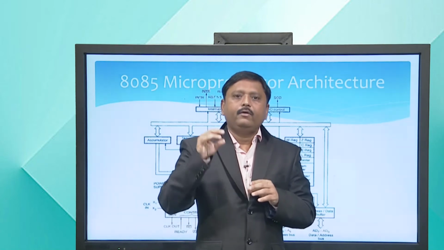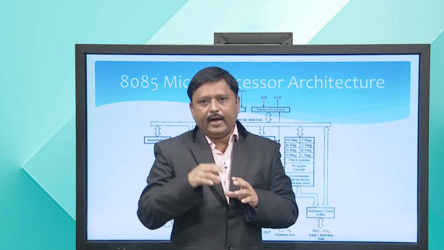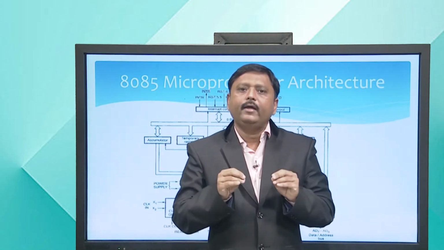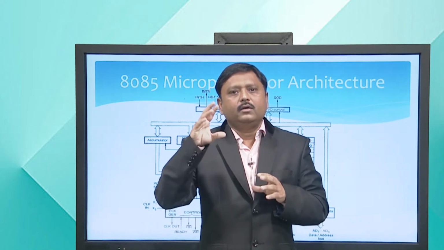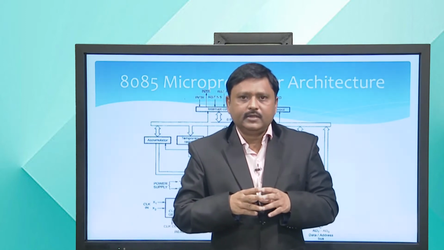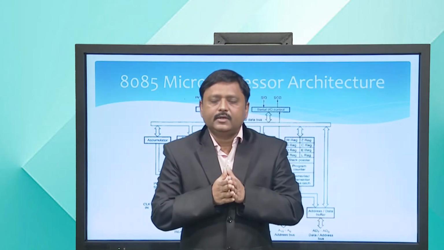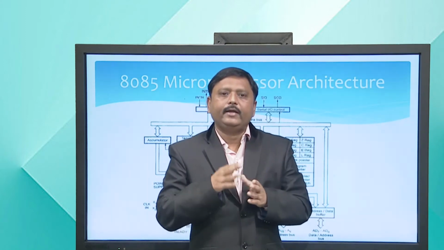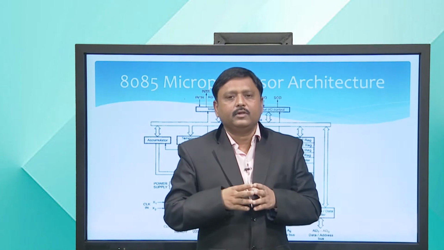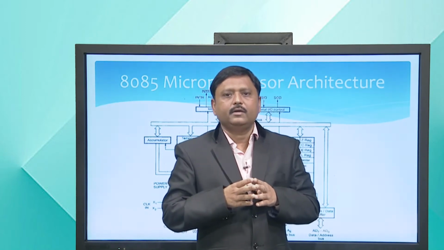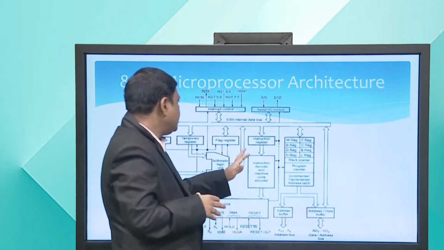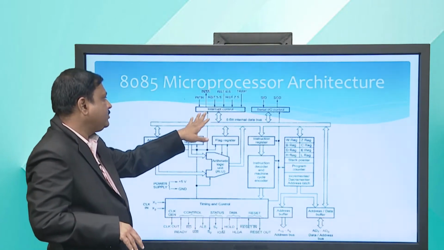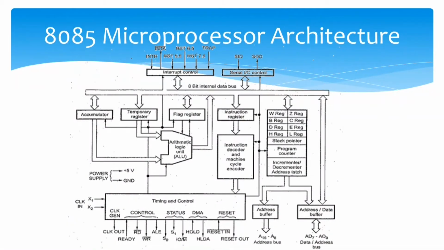For example, if we have an 8-bit address bus, then it can only address 2 raised to 8, or 256 memory locations, and if the address bus is 16-bit, then it can address up to 65,536 memory locations.